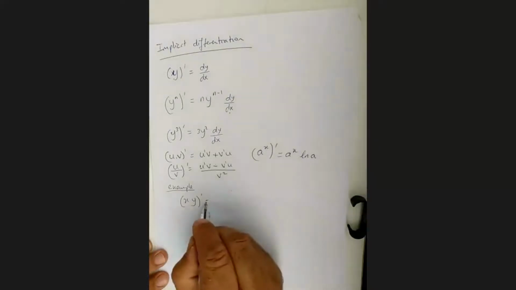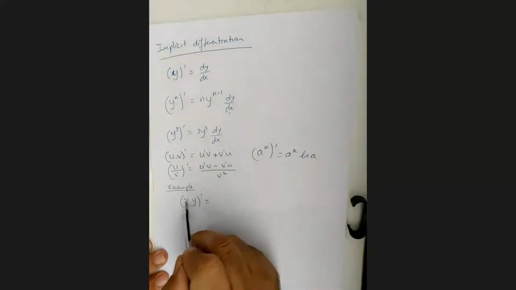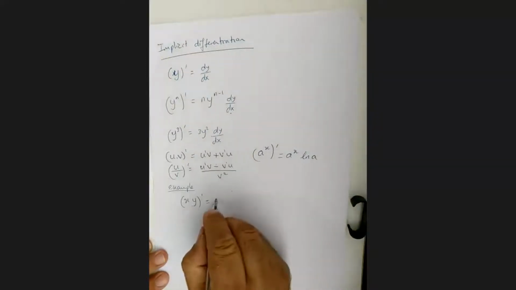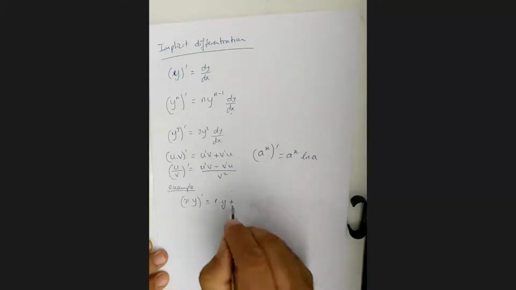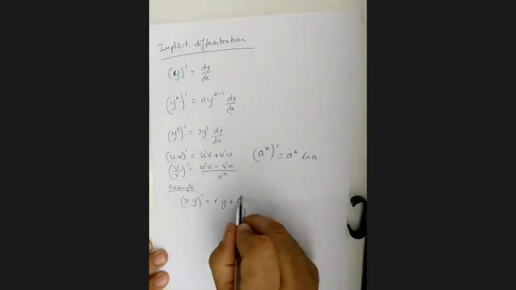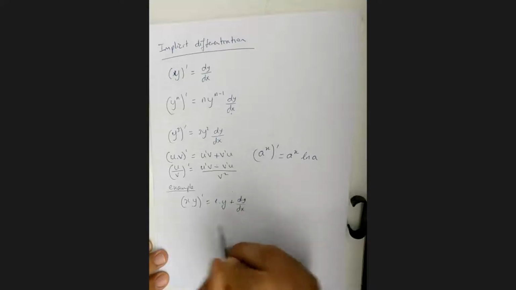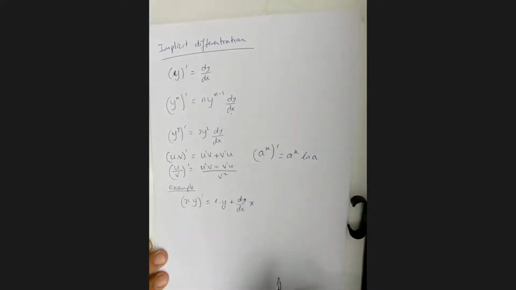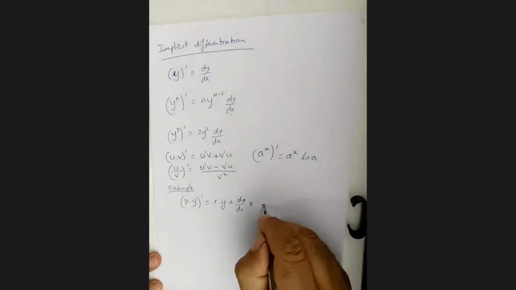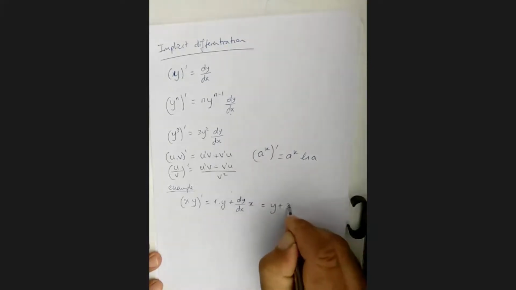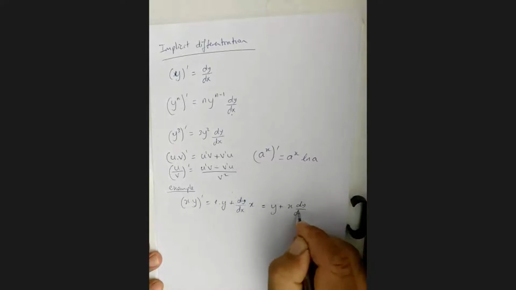So the derivative is going to be the derivative of the first one, which is 1, times the second expression, plus the derivative of y, dy over dx, times x. So the derivative of x times y is 1 times y plus x dy over dx, which is equal to y plus x dy over dx.